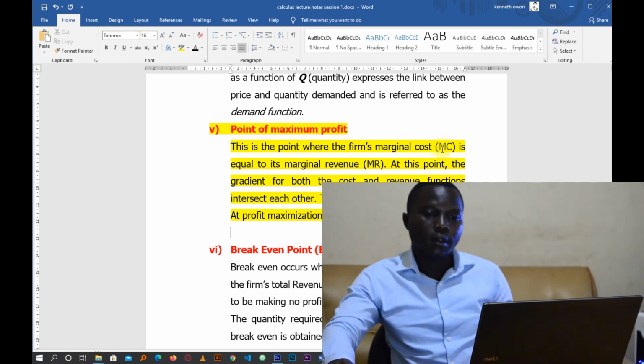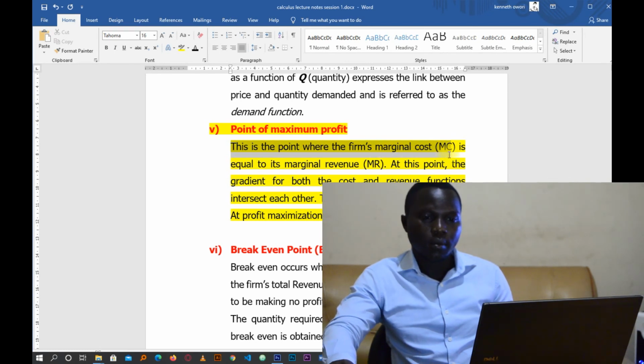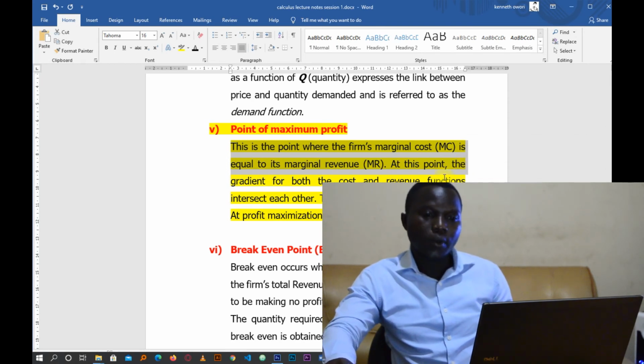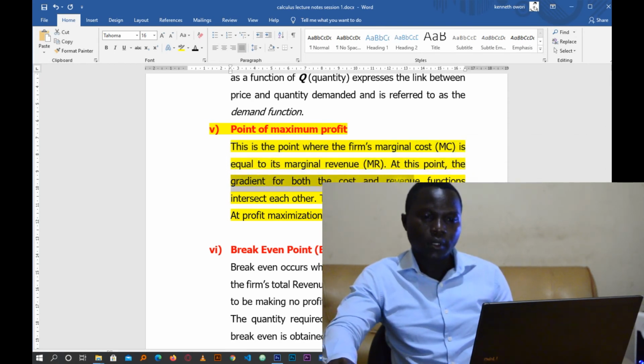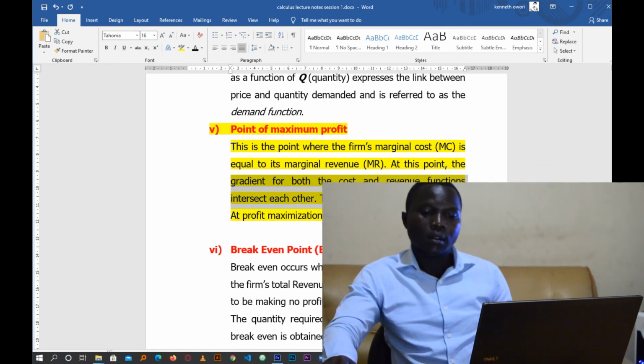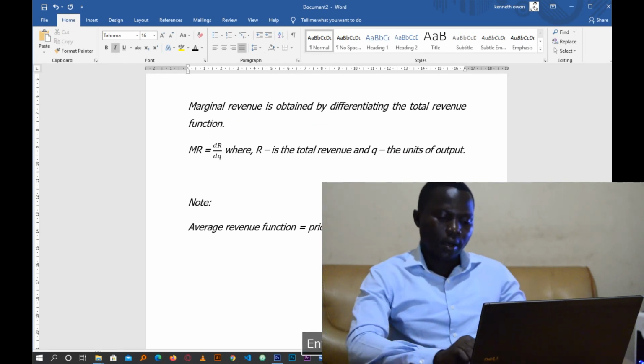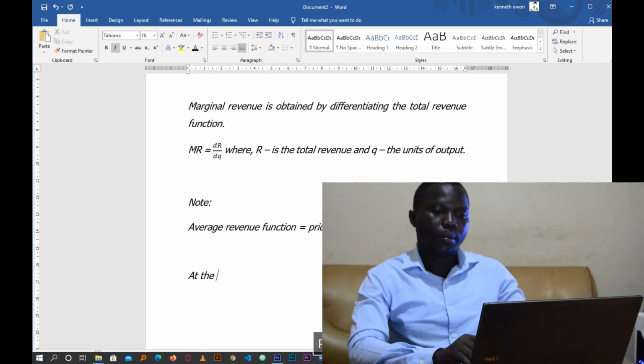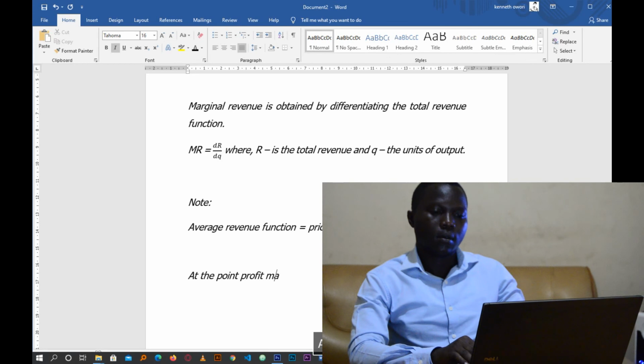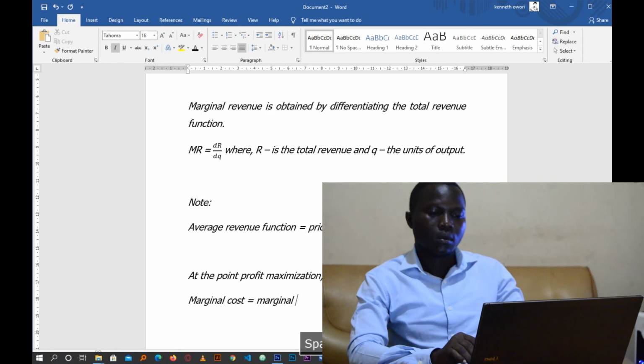This is a point where the firm's marginal cost, MC, is equal to its marginal revenue, MR. At this point, the gradients of the cost and revenue functions are equal. So at the point of profit maximization, marginal cost is equated to marginal revenue.